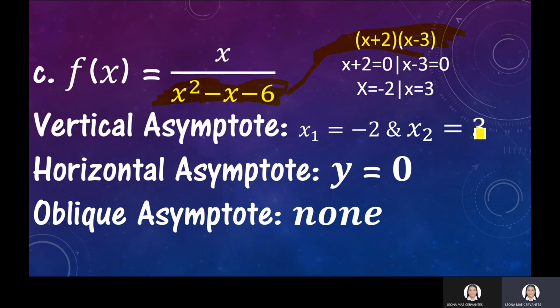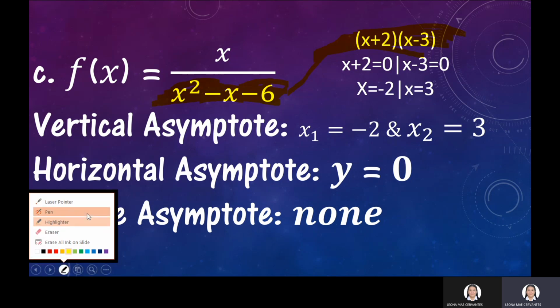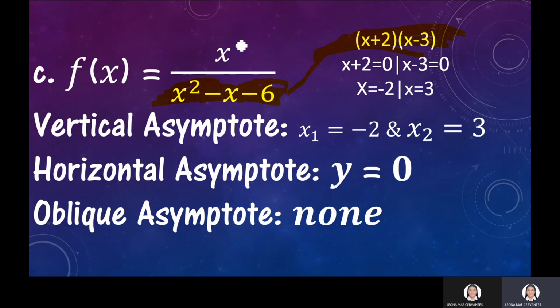Okay? Again, vertical asymptote, x sub 1 equals negative 2 and x sub 2 is equal to positive 3. Next, horizontal asymptote. So, for horizontal asymptote, highest exponent ng numerator is 1, highest exponent ng denominator is positive 2. So, 1 is less than 2, therefore, n is less than m.